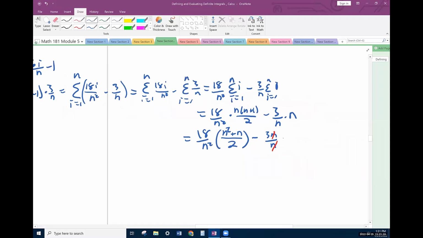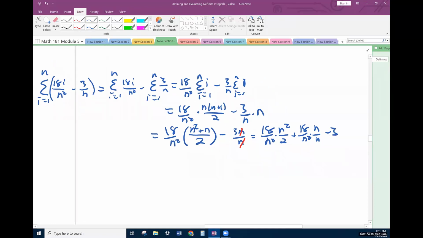So that's going to be 18 over n squared times n squared over 2 plus 18 over n squared times just n over 2 minus the 3. So these n squareds divide out. That's n over 2.